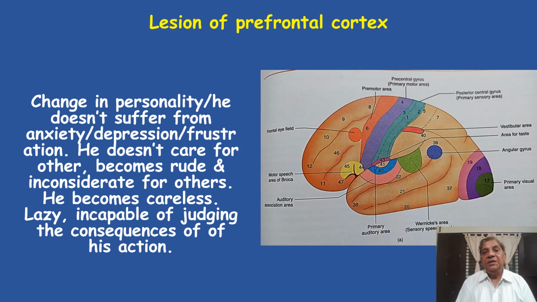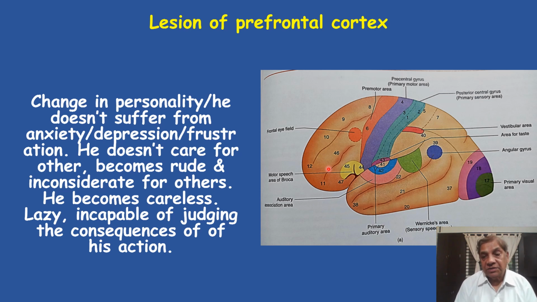Now, if there is a lesion of the prefrontal area, there will be a change in the personality, because I said that the prefrontal area determines the personality of an individual, and if it is destroyed by accident or by surgery, there will be a change.